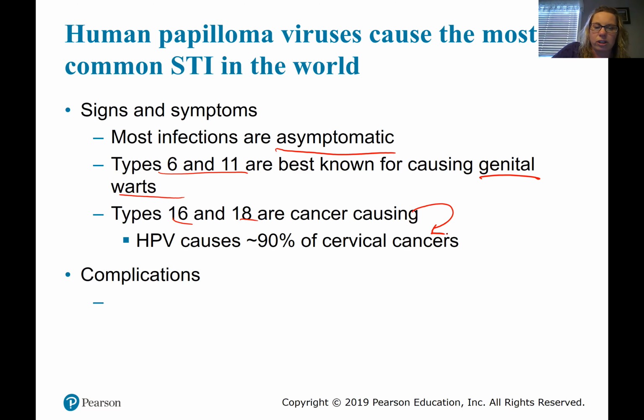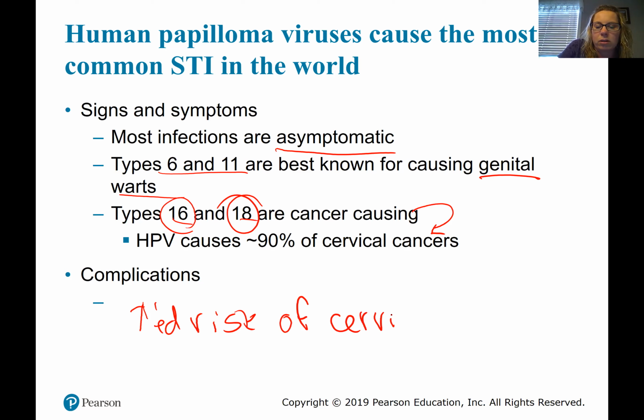So complications of HPV, especially type 16 and type 18, is an increased risk of cervical cancer and throat cancer.